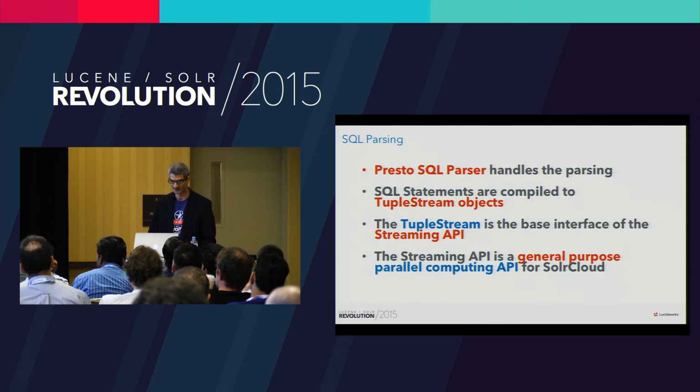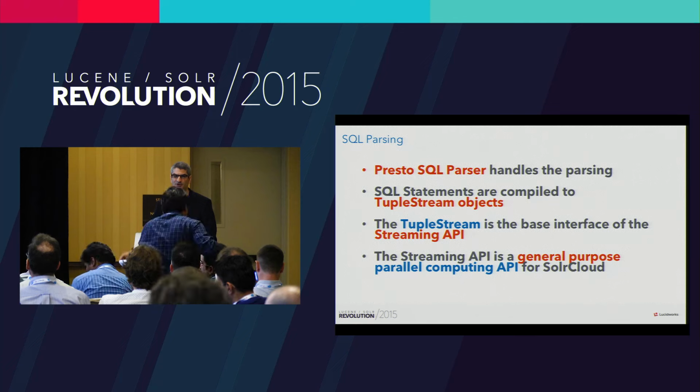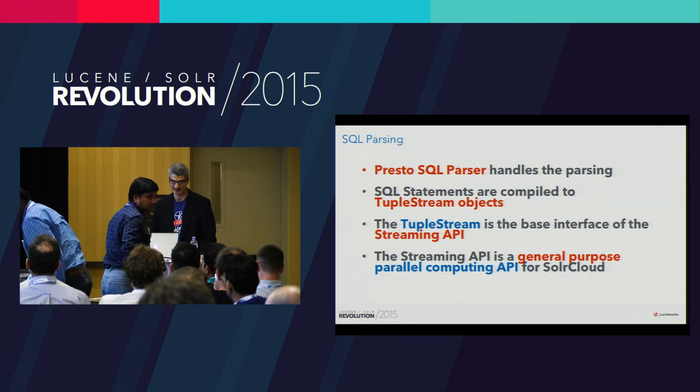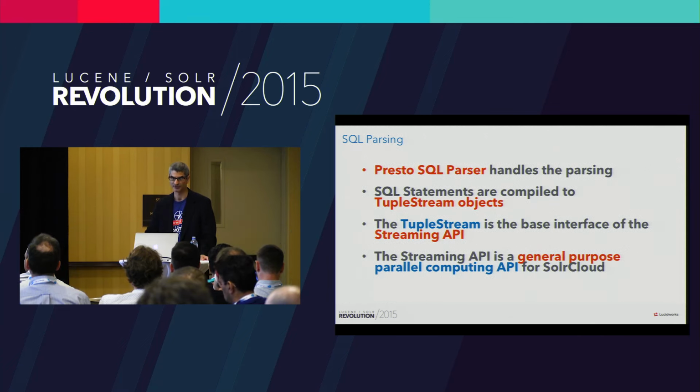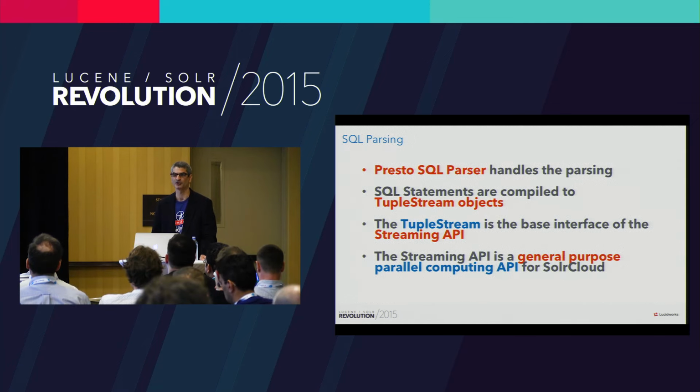And its job in this situation is to take SQL queries and parse them into what are called tuple streams. And these are the streaming API base classes. So the streaming API is the general purpose parallel computing framework.